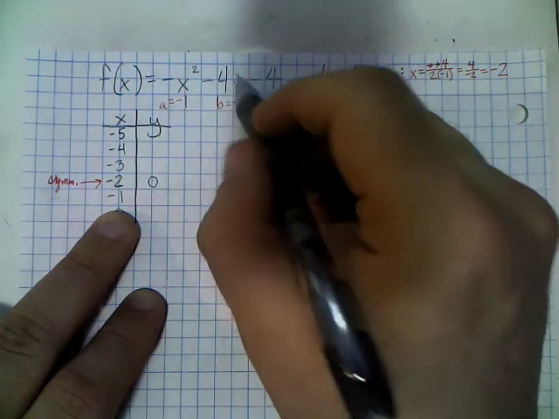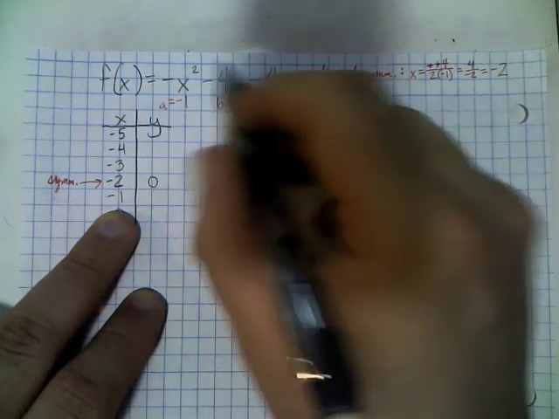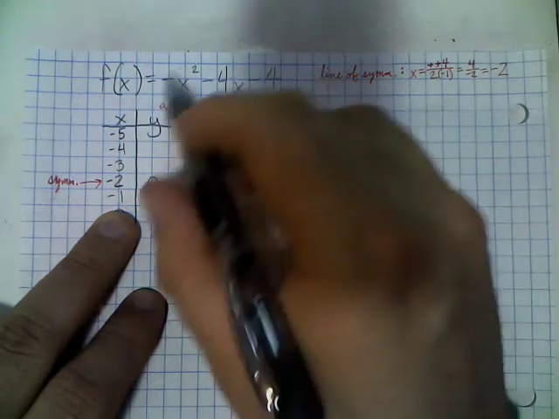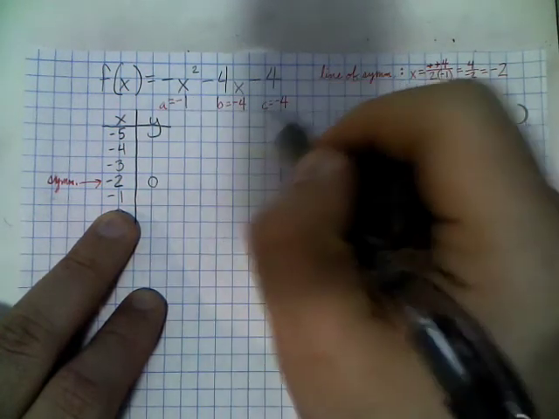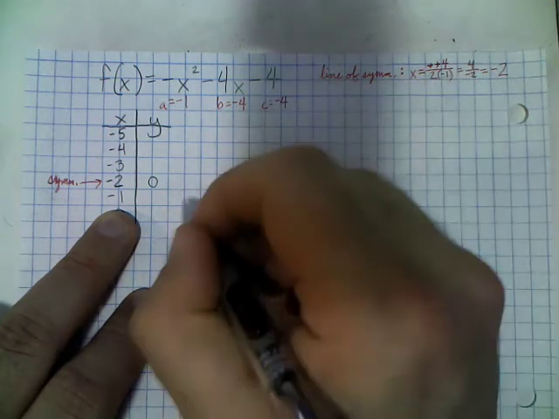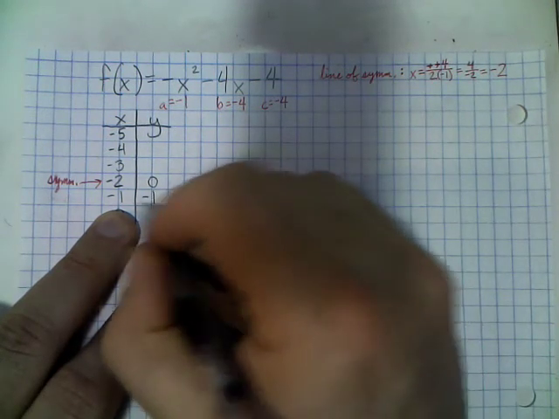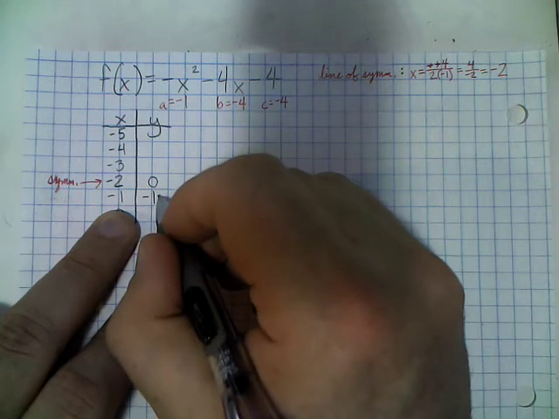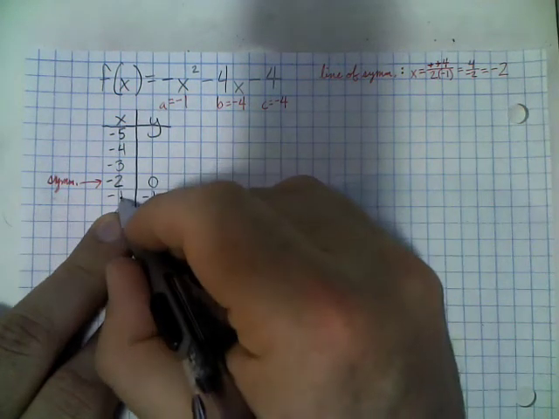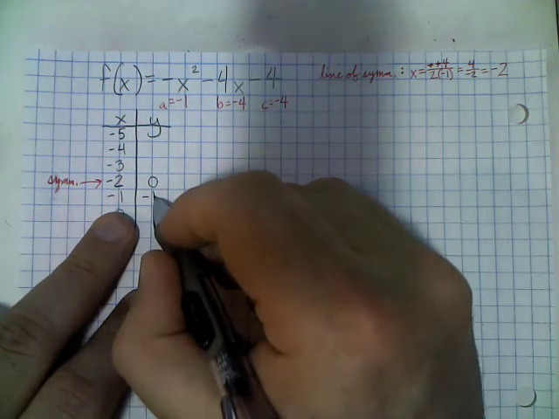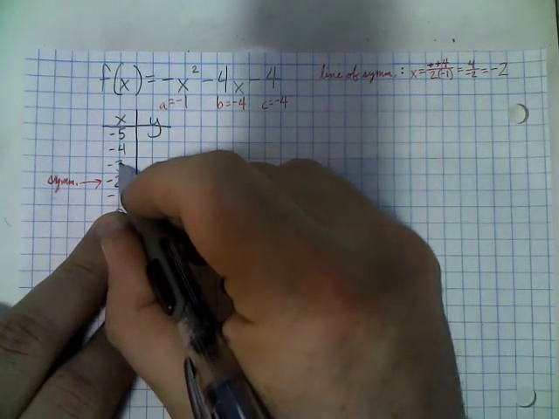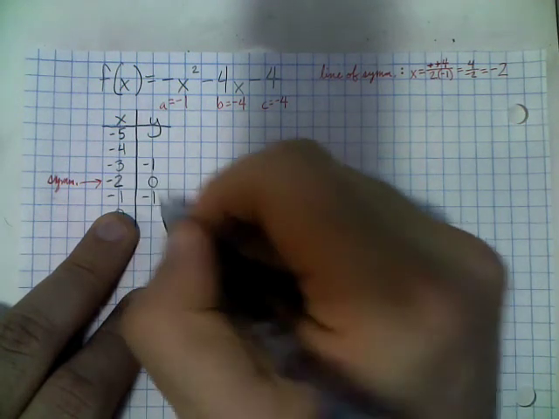So negative 1, positive 4 makes a positive 3. And then a positive 3 minus 4 is a negative 1. So this point here will be a negative 1. But remember, it's symmetric. So if going 1 unit to the right produces a negative 1, then going 1 unit to the left will also produce a negative 1.